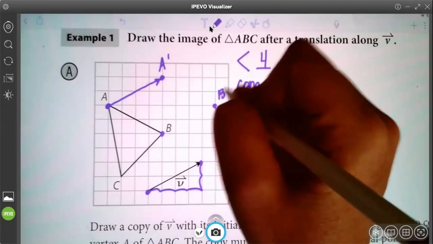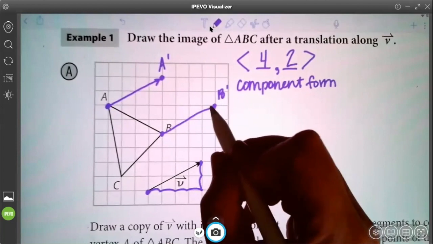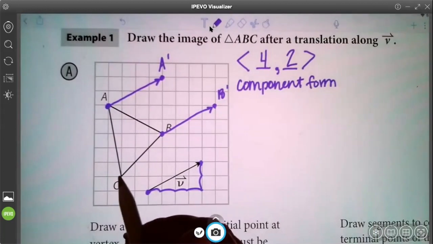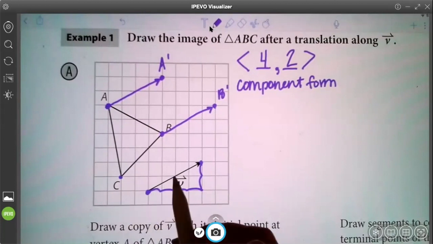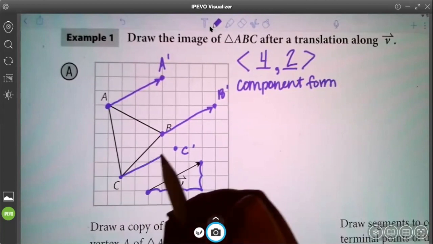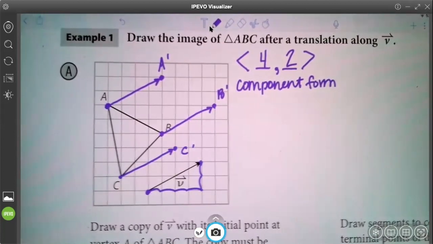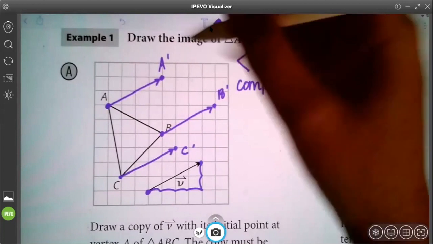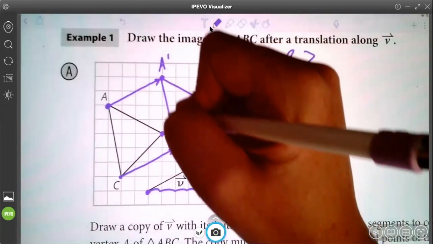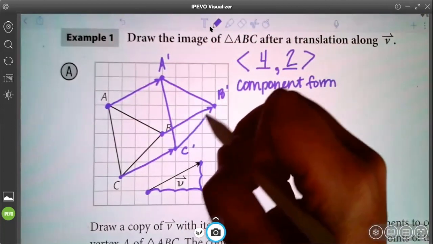This makes B prime because we translated that along vector V. Lastly, point C, we're going to go right 4 and up 2 to point C prime, which has been translated along vector V. Let's connect all 3 of these, A to B, A to C, and then B and C.